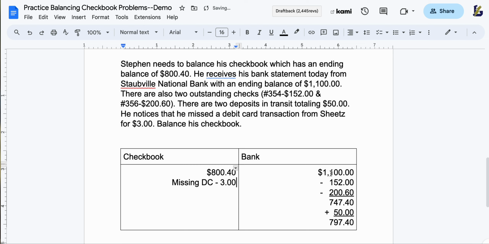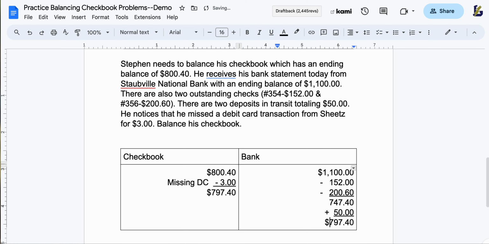The bank has it recorded. It's in the bank statement, but it's not in your checkbook. So we're just going to subtract that out. And lo and behold, we come up with $797.40. The numbers are equal, so we must be balanced.